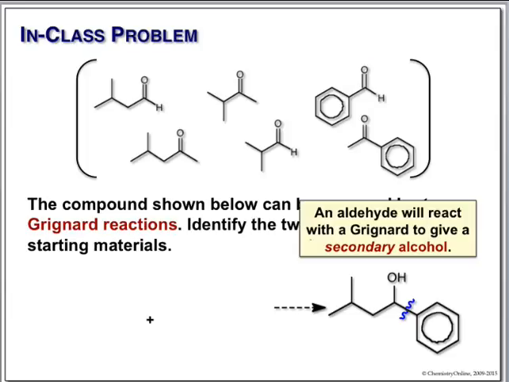Split on the other side. This part used to be the aldehyde, so we're looking for aldehyde, CH2, and then an isopropyl sort of thing. The one that works is right up there.